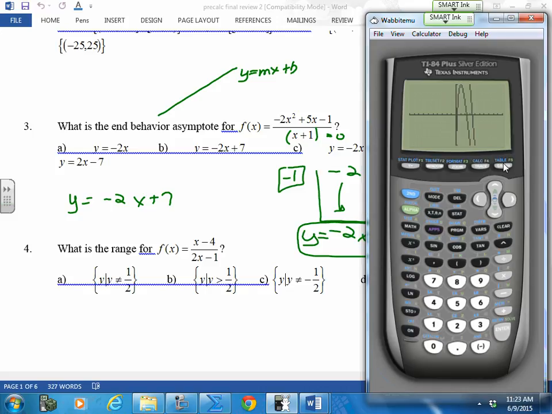Certainly isn't my graph. There goes my graph. See your slant asymptote? The other guy's up there somewhere. But you see your slant asymptote, how it guides that end behavior? Your horizontal asymptote did that with a limit. Your slant asymptote does that when it curves down with your end behavior.